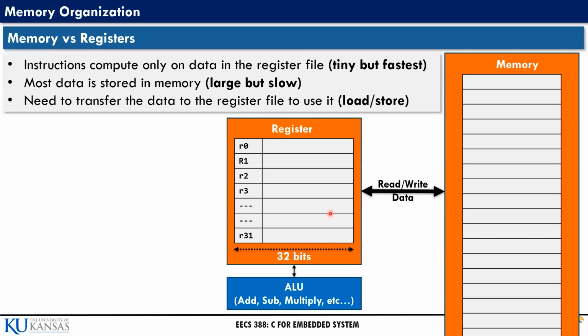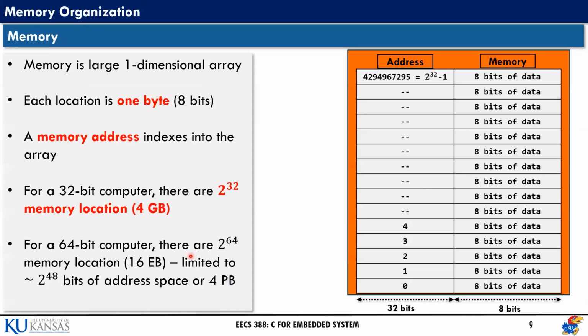If it becomes 64 bits, we have to design such a memory, but in the physical world that is not possible, because 16 exabytes is a huge number. You can calculate by yourself. Because of the hardware limitation and various factors, we can go up to 2 to the power 48, that is 4 petabytes.